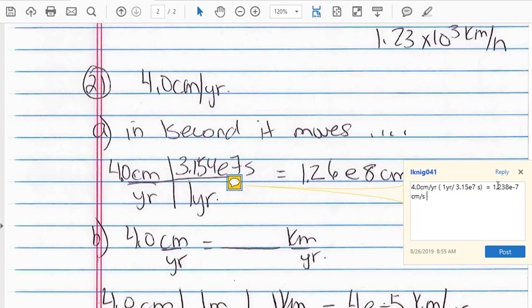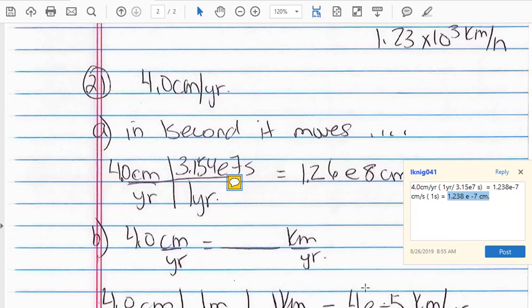And to figure out how far that travels in 1 second, I just multiply by 1 second, and that's going to give me 1.268 e to the negative 7 centimeters. So it doesn't travel very far. That's why it takes so long for the tectonic plates to move apart over time. So that would be the answer to A.